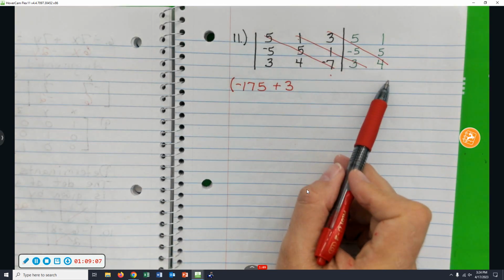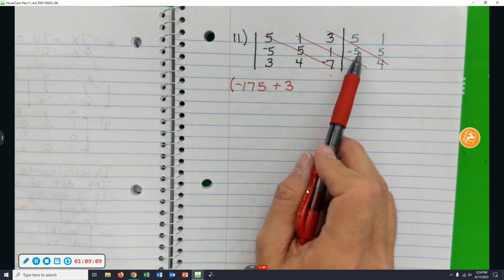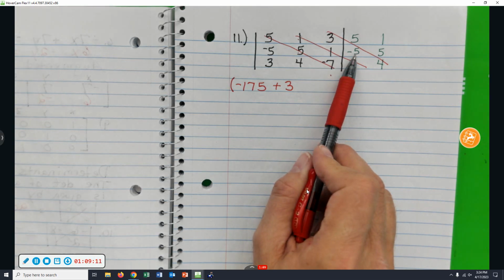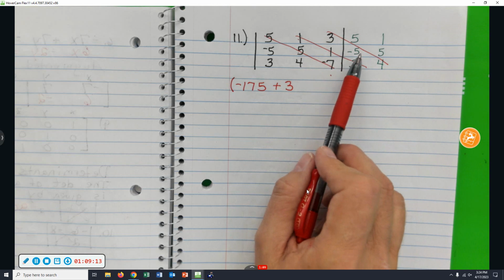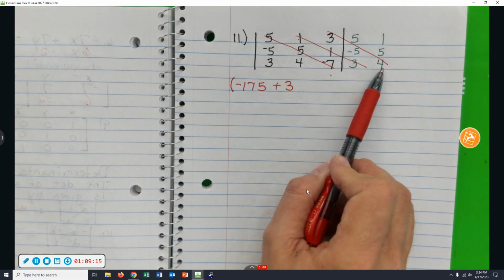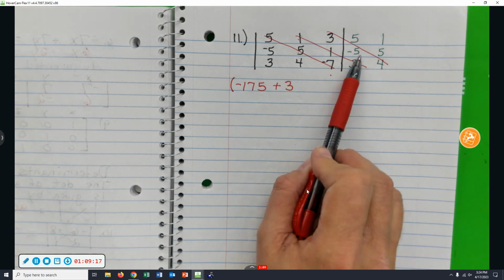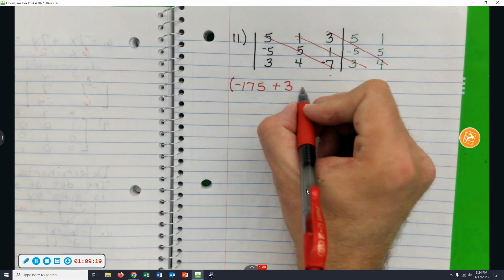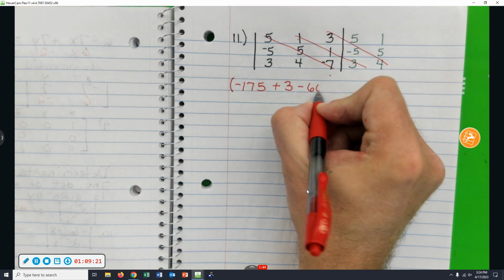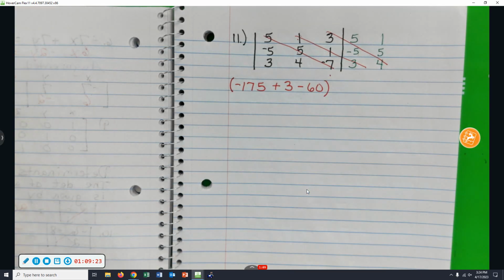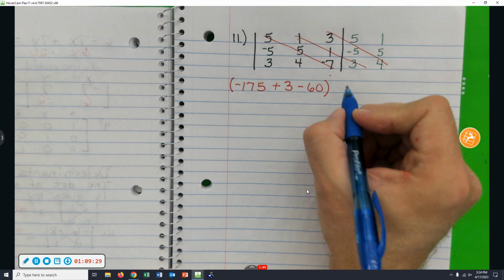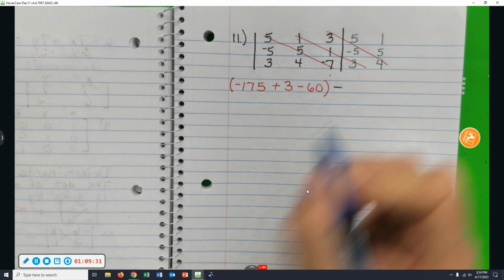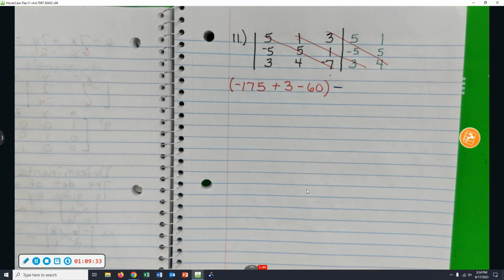And then this third one. 3 times negative 5 times 4. Negative 20 times 3. Is that a negative 60? Then negative 60. I put a minus.